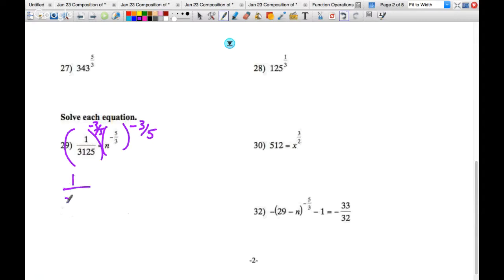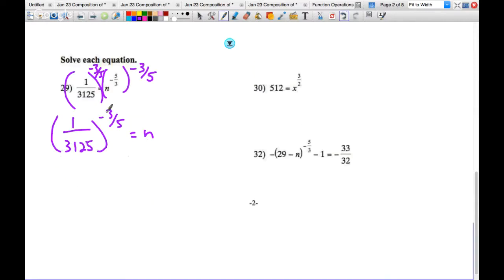So now I've got 1 over 3,125 to the power of negative 3/5 equals n. All right, now we can use our negative power rule, which states that negative powers flip fractions. So this is just going to become 3,125 to the positive 3/5 equals n.